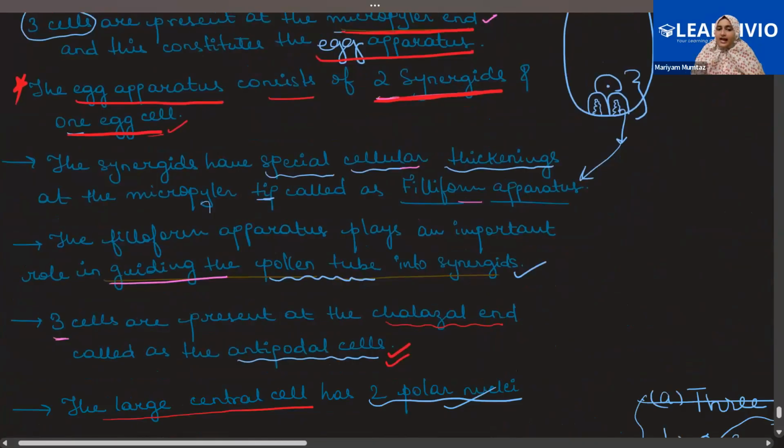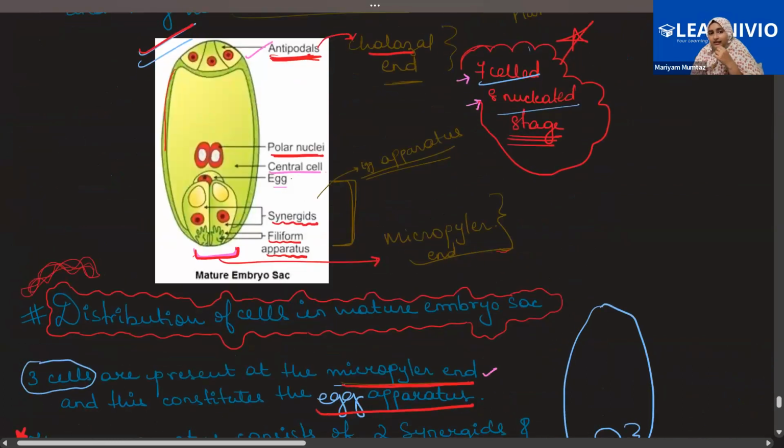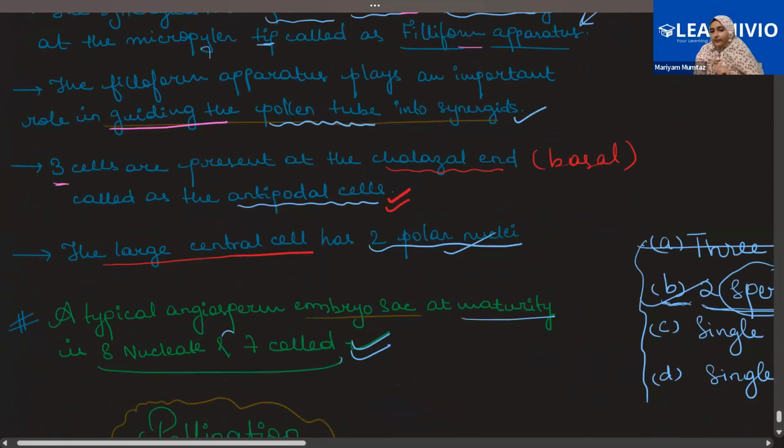Then the three cells present at the chalazal end, that is at the basal end, we call antipodal cells. And this large seventh cell that I told you about is known as the central cell. In the central cell there are two polar nuclei.